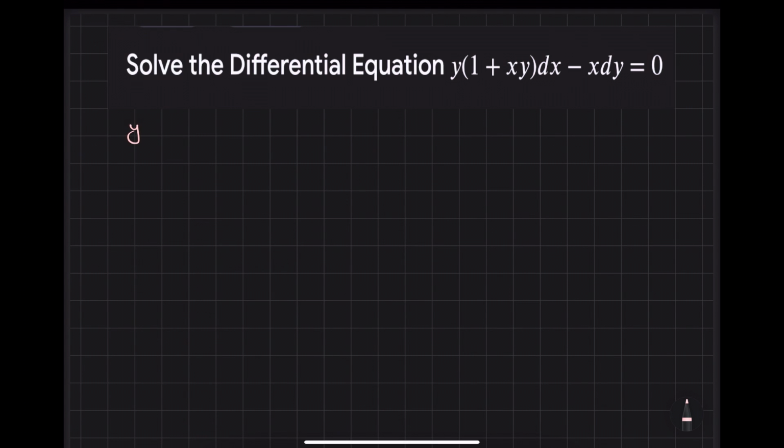So we have y dx plus xy dx minus x dy is equal to 0. Now look at this. Earlier we got differentiation of uv, that is, first function, differentiation of second function, but here we are getting second function minus, like it is minus of second function, differentiation of first function.